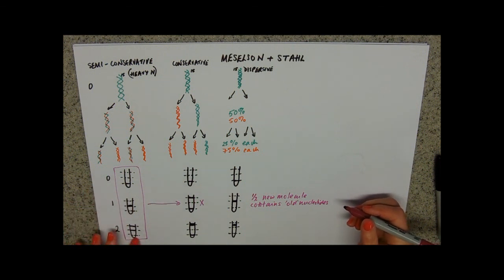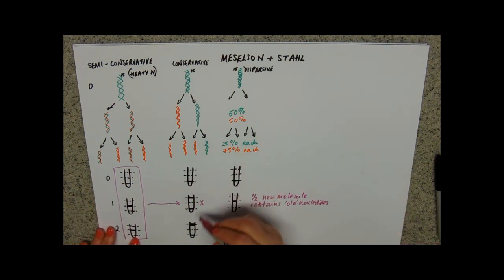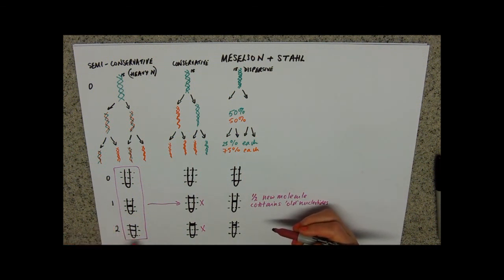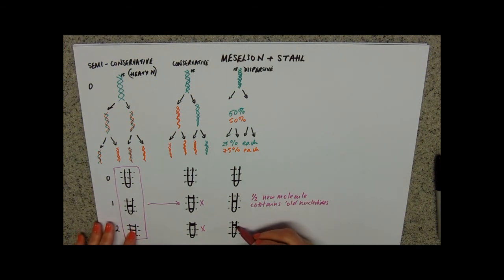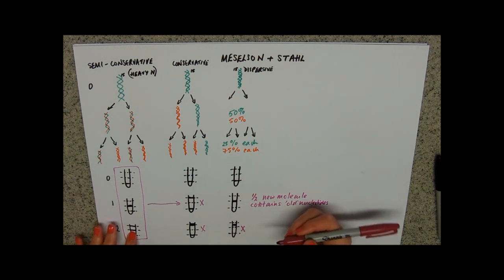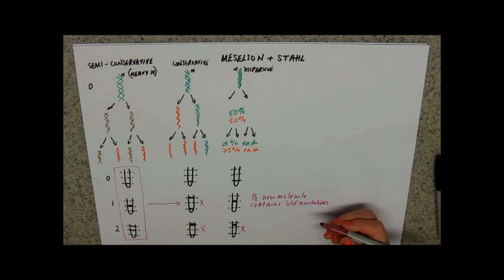Then go down to the next generation. Now we've already said, okay, that doesn't happen. And in our next generation, in semi-conservative, we've got 2 bands, but here we've only got 1. So this second generation shows us that it's not dispersive.